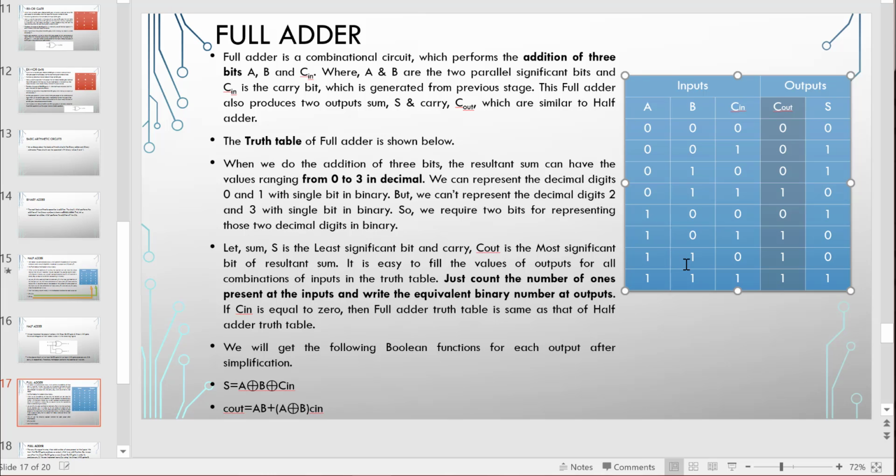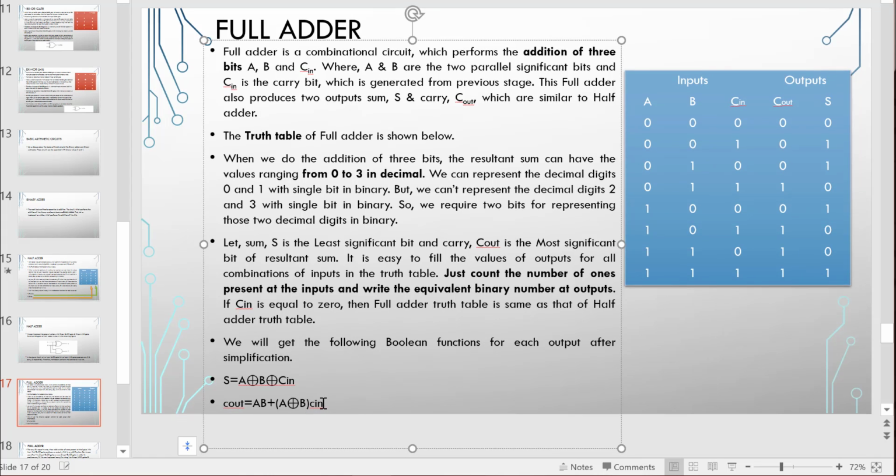If there are both 1s, you have 1, right? So what you will do? You will do the exclusive OR of A and B, and it will be ANDed with the Cn, right? AND gate is also used for AB, and overall then an OR gate is used.